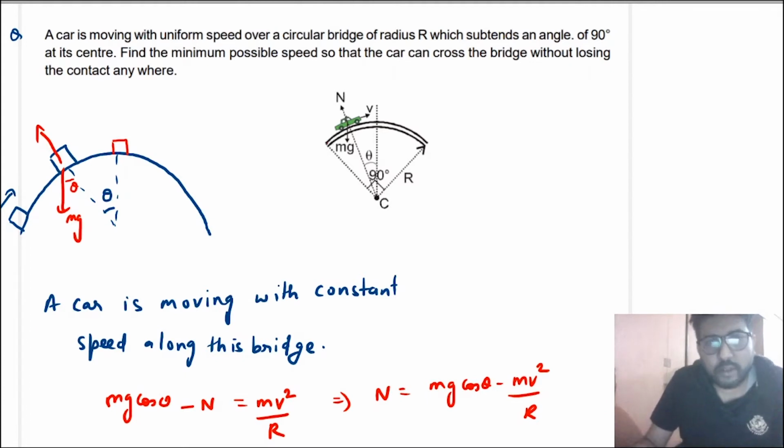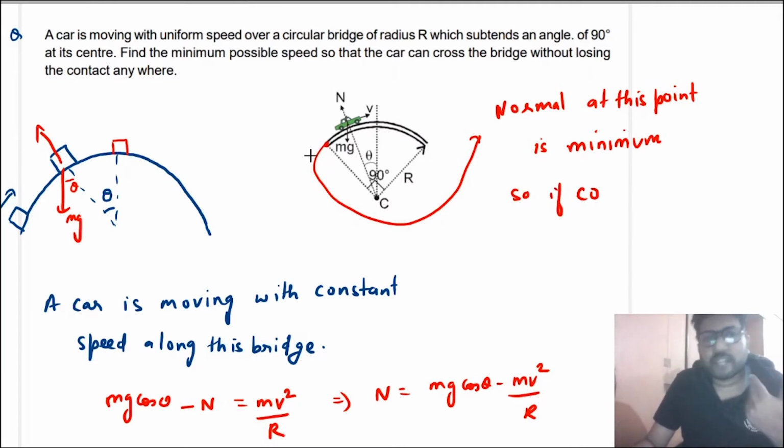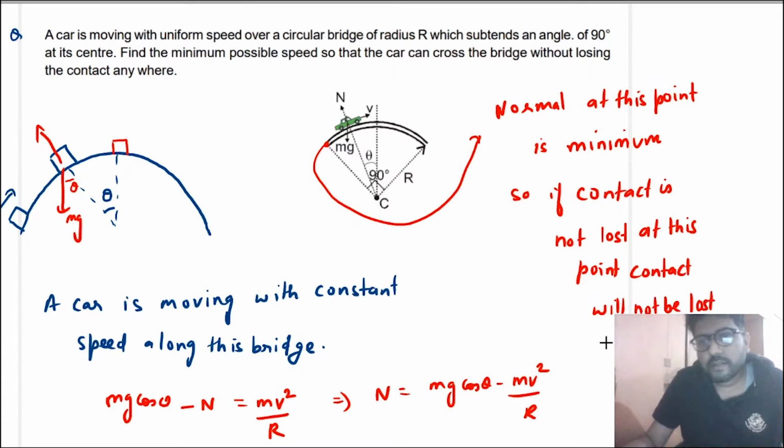Because the normal at this point is minimum, if contact is not lost at this point, then you will say that contact will not be lost at any point.